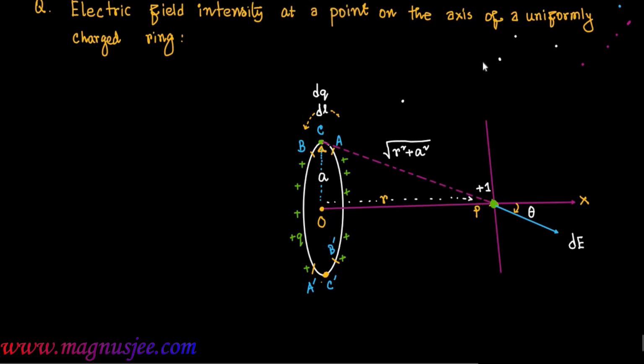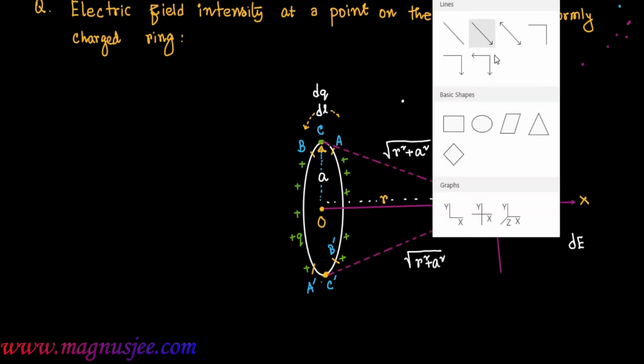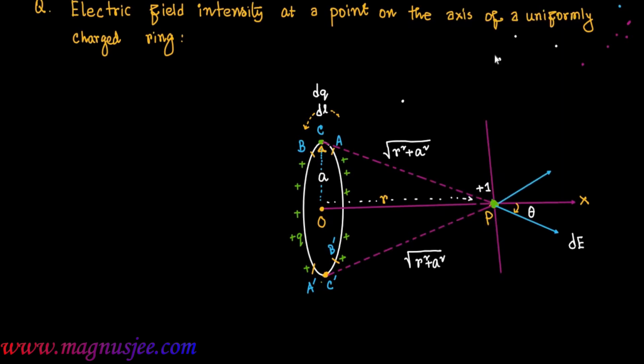We can consider another small element A prime B prime at the point C prime on the charged ring, and connect C prime on the ring and the point P on the axis. A prime B prime is another small element of charge dq, and C prime P, that means root over r square plus a square, is the distance of the point P on the axis from C prime.